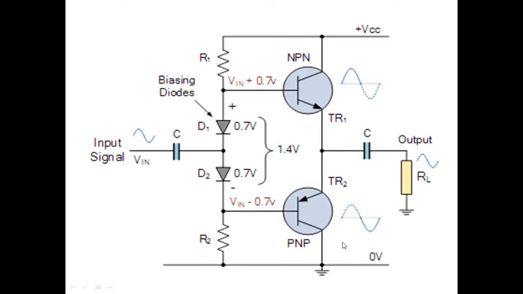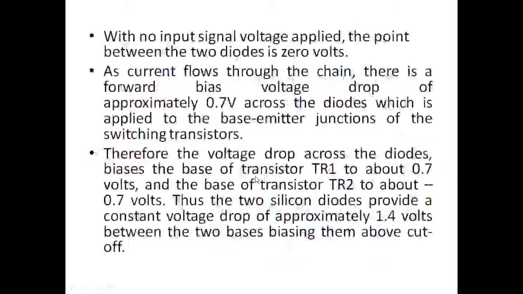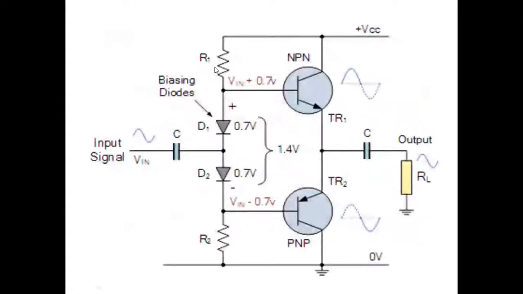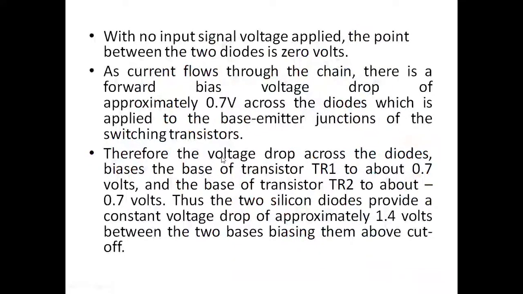This is the schematic representation of the class AB power amplifier. With no input signal, the voltage at the point between the two diodes is 0.